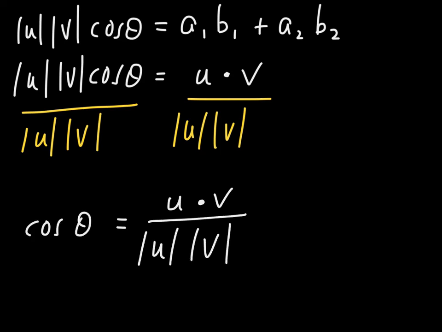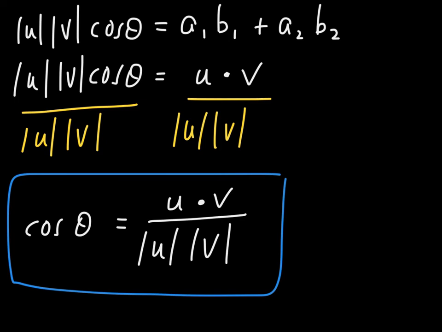Look at that. I'll say that one more time. The cosine of the angle between two vectors is equal to the quotient of the dot product of the two vectors and the product of their magnitudes. You may want to box this in your notes.